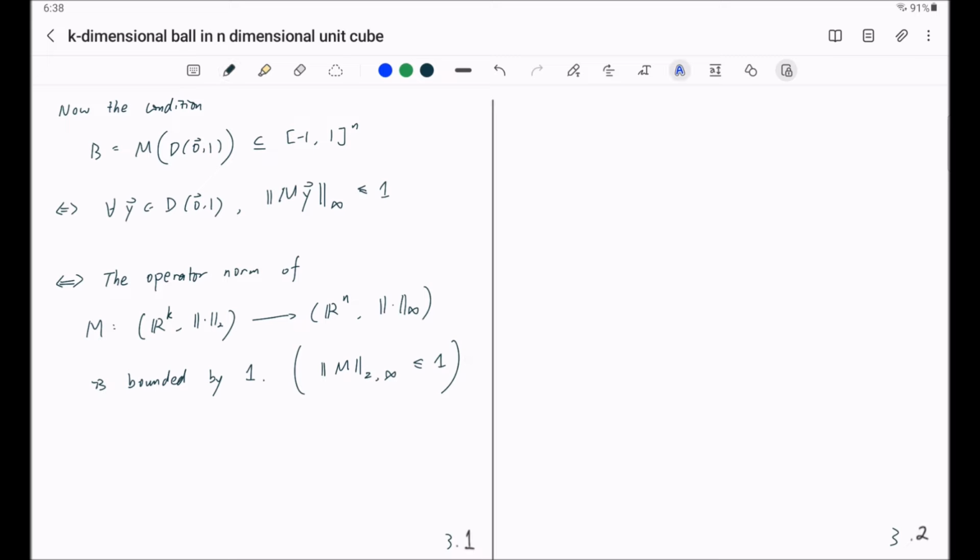And using this statement, we can transform this problem into a problem of functional analysis or matrix analysis.